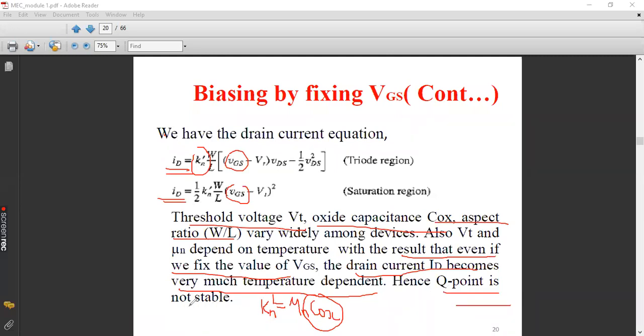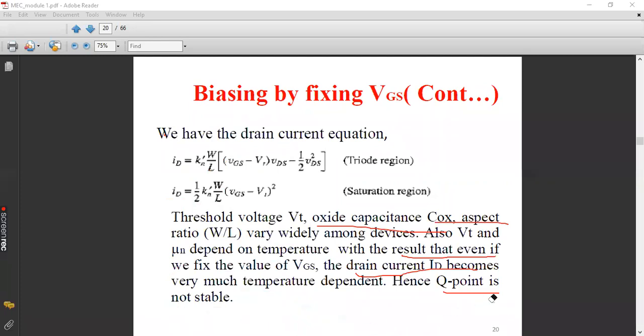It has shifted from the required saturation region towards the triode region, because of which the linear amplification will not happen properly. That is the main drawback of the first technique. What was the first technique? Biasing by fixing VGS.